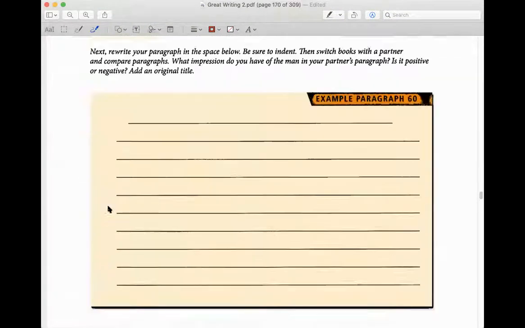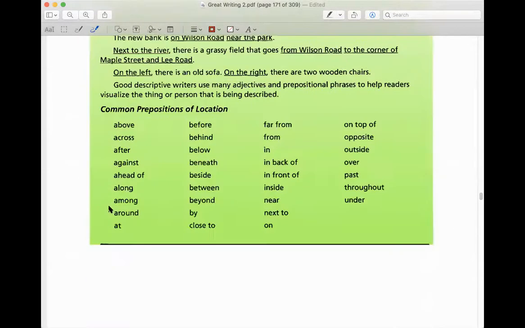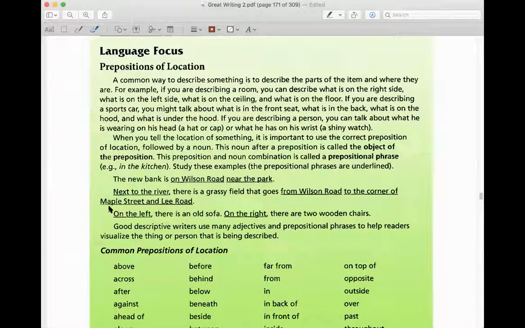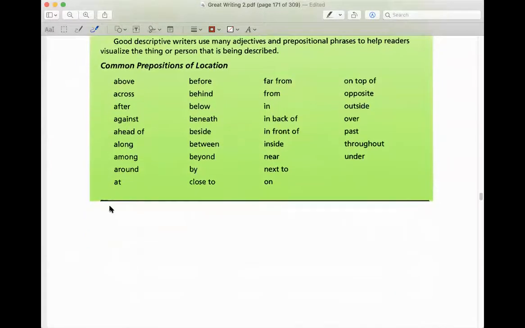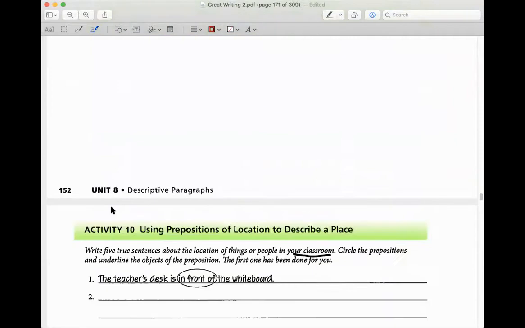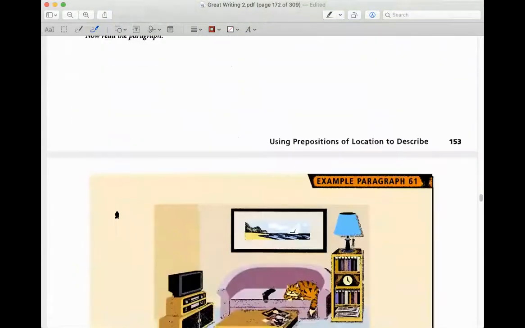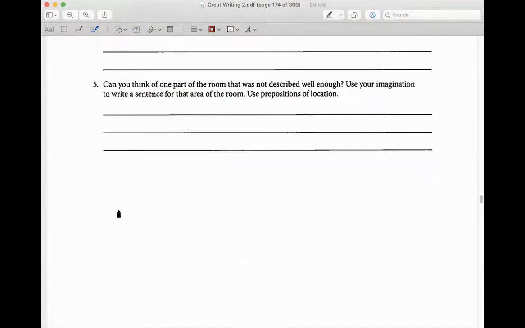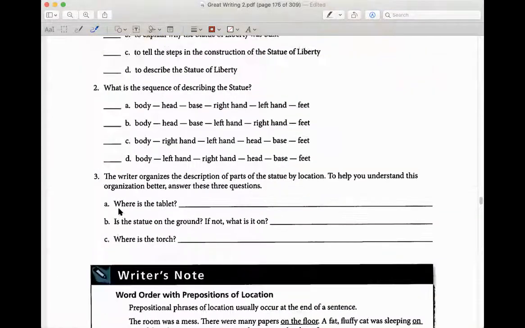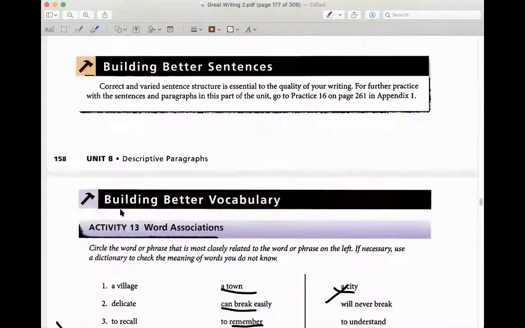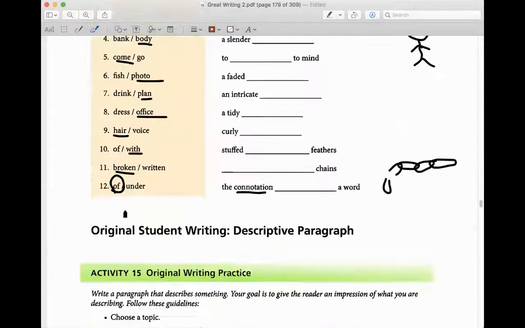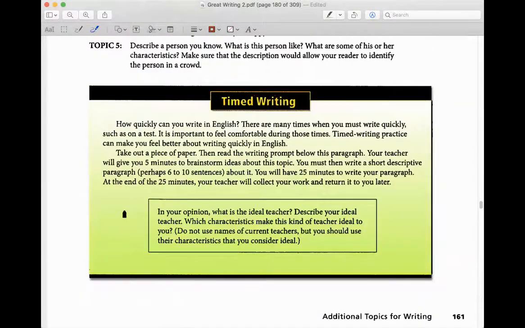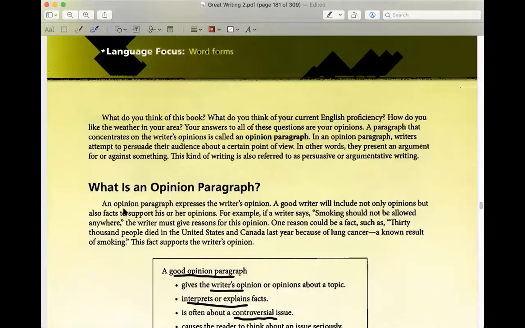All right. Then, of course, prepositions of location. Should be familiar with those, how to describe where something is. Okay. We'll move down to our next unit, which was opinions, giving opinions.